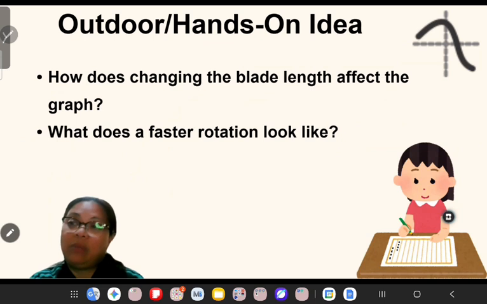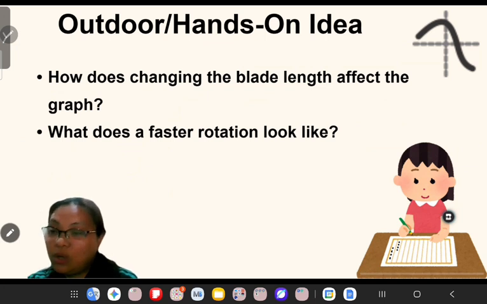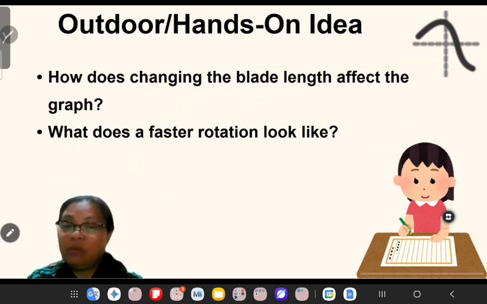And then, as a hands-on activity in class, students will create their own trig models with wind turbine blades. They can adjust the amplitude, the frequency, and the vertical shift. They can use Desmos to do that, and will then answer questions like, how does changing the blade length affect the graph, or what would a faster rotation look like.